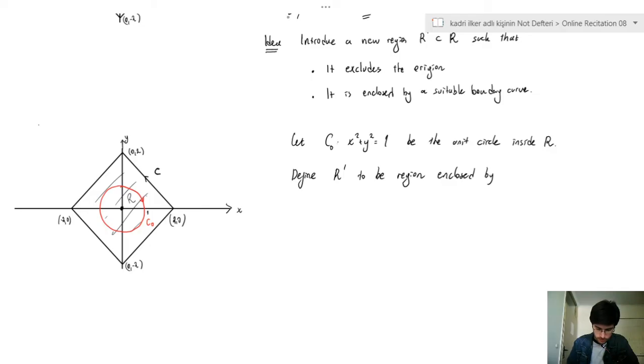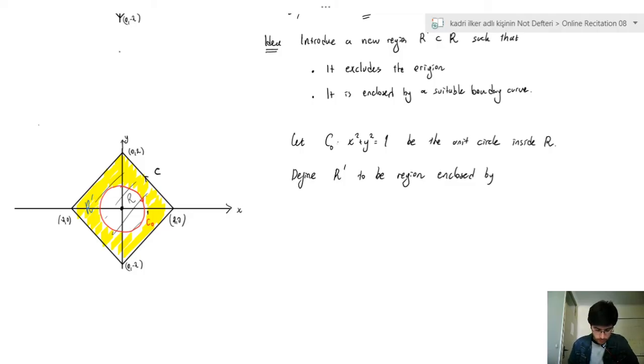You can easily see. Let me use this kind of color. So this will be our new region. This yellow part will be R prime, the new region excluding the origin.